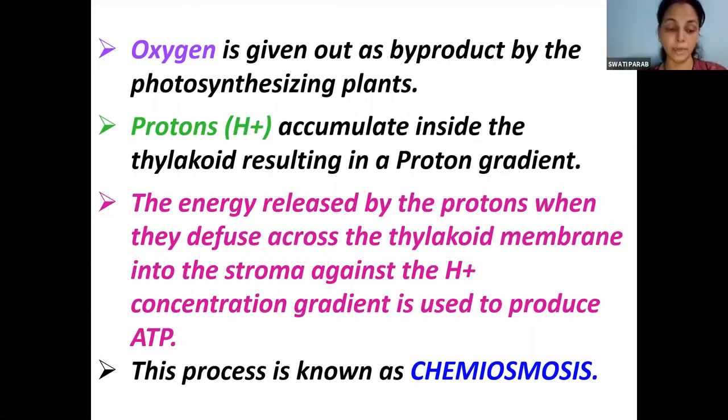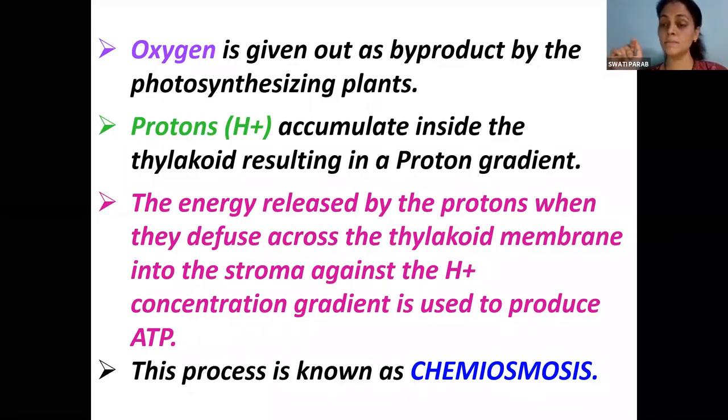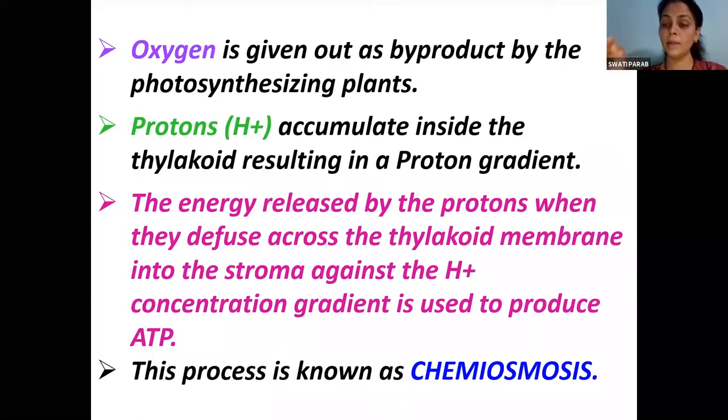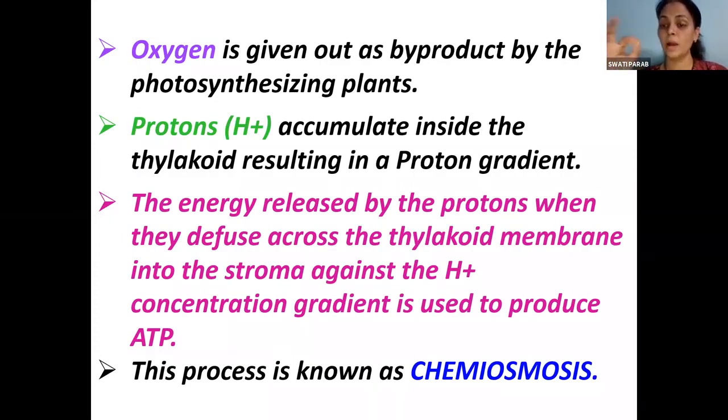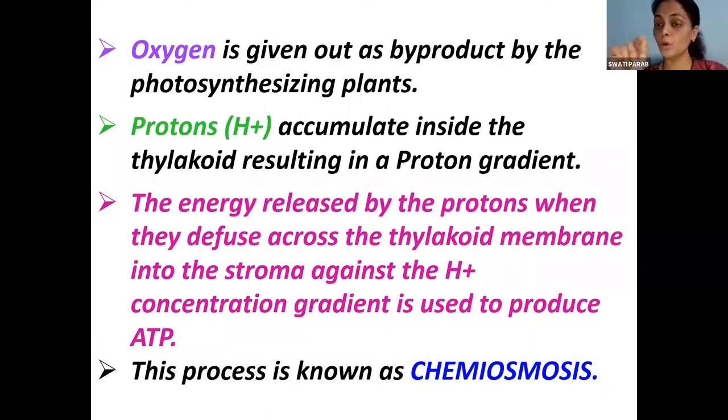Okay. So write down this point also. An electrochemical gradient forms when protons diffuse from an area of higher proton concentration to lower proton concentration.